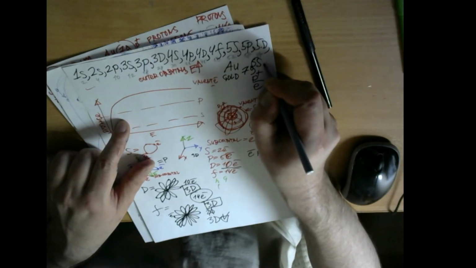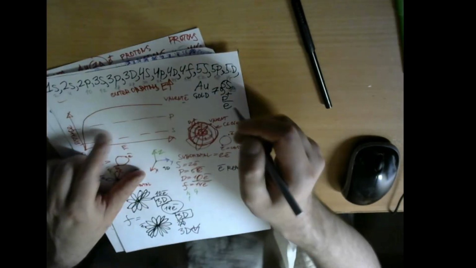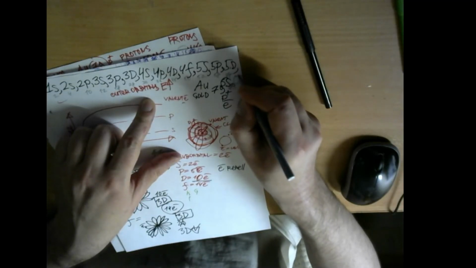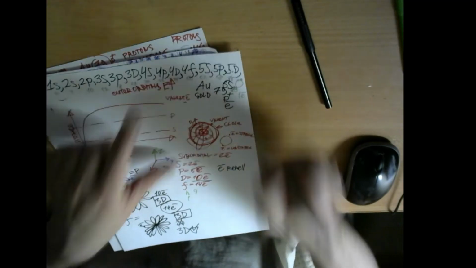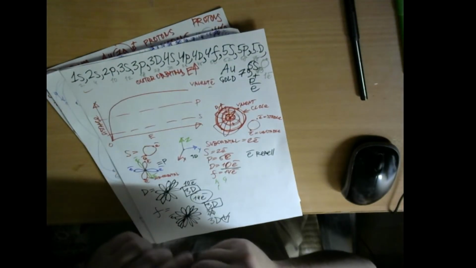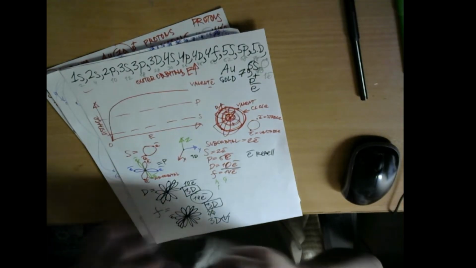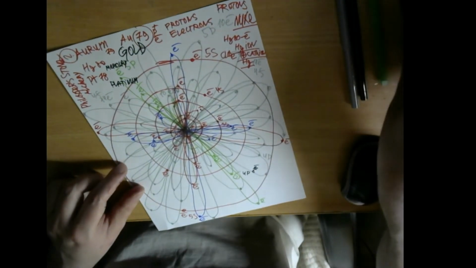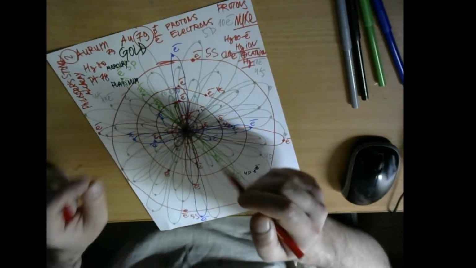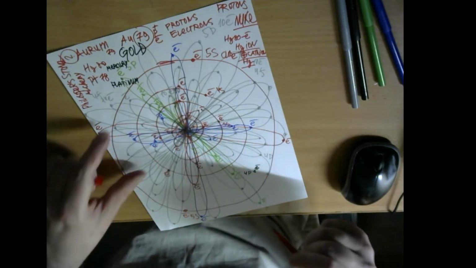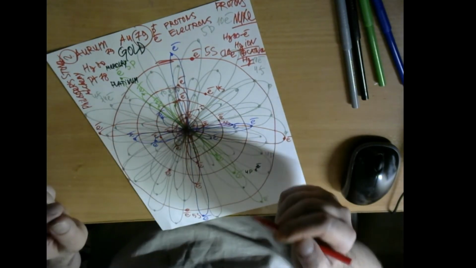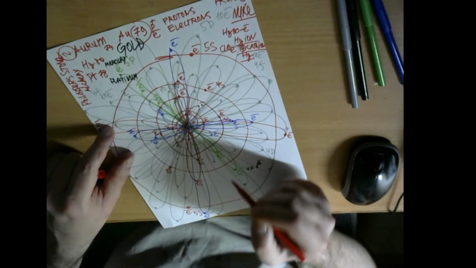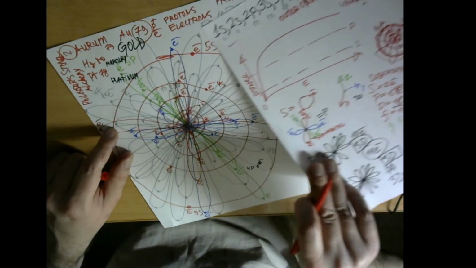6s we have 79 electrons, because this s has just one electron. It's not basically stable. For gold, it has just one 6s electron. Right now we have here 78 electrons.